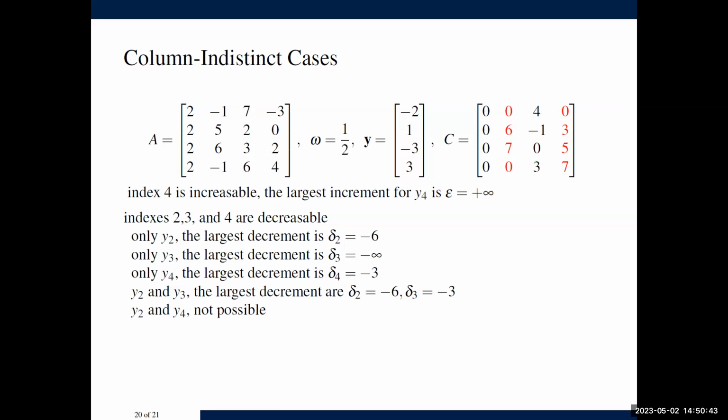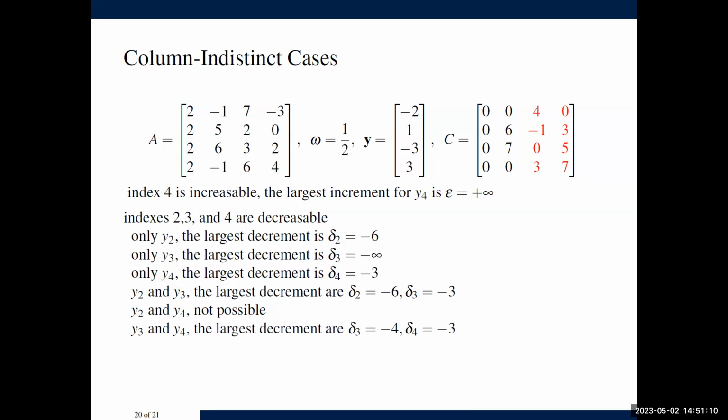When we want to modify y2 and y4 at the same time, it's not possible. Why? Because on the first row, we have 3 zeros, and if we decrease these two elements simultaneously, then we will have two negative elements. And in that case, 0 is not the second smallest element.